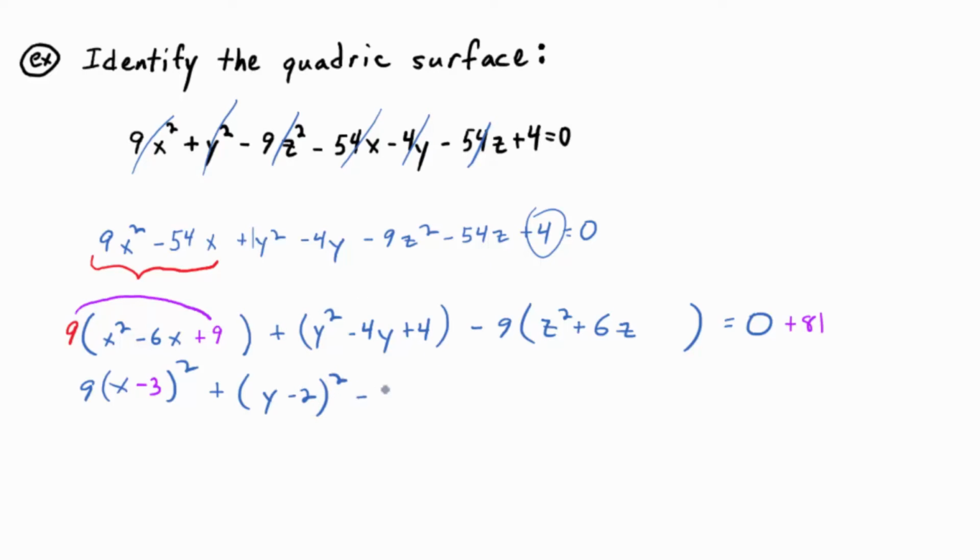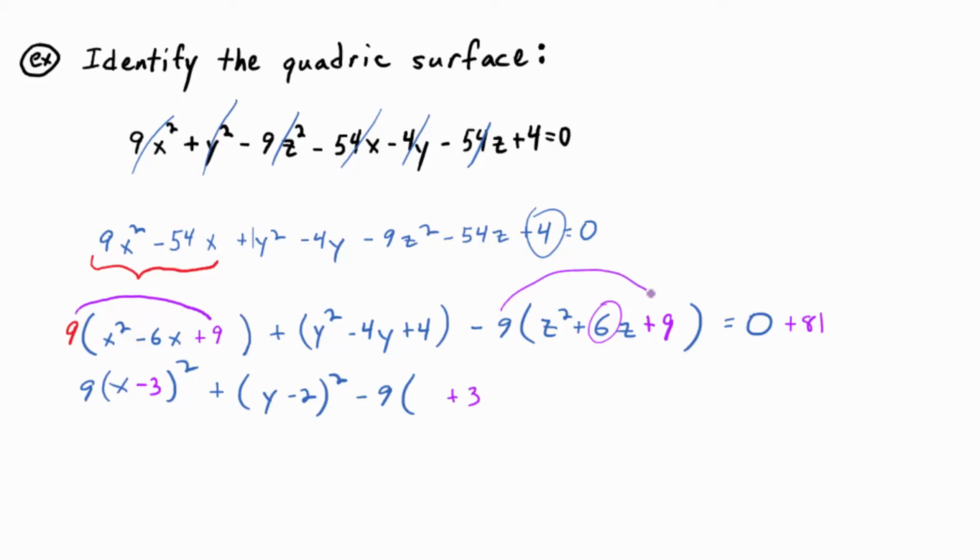And then minus 9 times, we didn't actually complete the square yet. So you tell me, what do we need to do? Take half of that. I like to put the plus 3 in, so I don't have to think too hard about what to factor in the next step. Then I take that 3 and square it. And what did I really do?